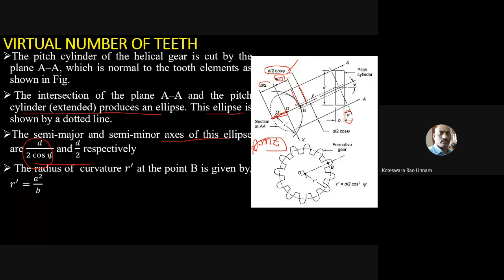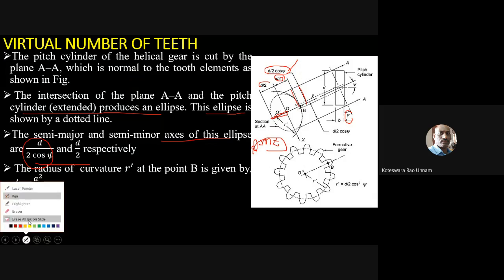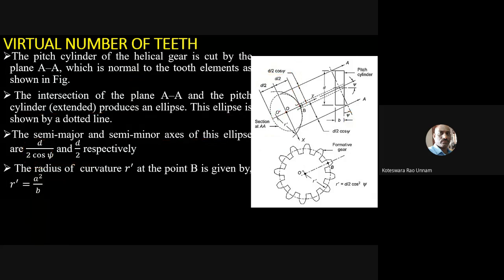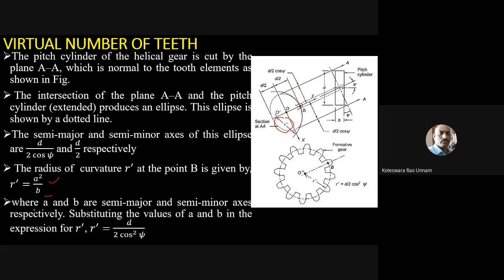If you know the fundamentals of an ellipse, if a is the semi-major axis and b is the semi-minor axis, you can calculate the radius of curvature at this point P as R dash, which is given by a square by b.